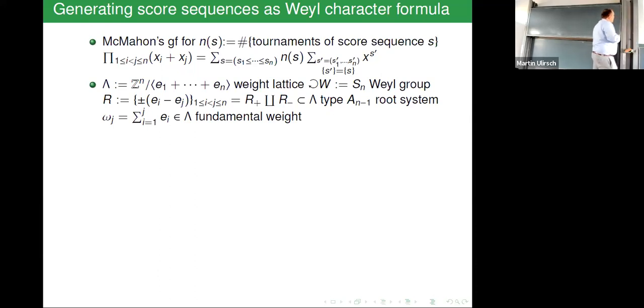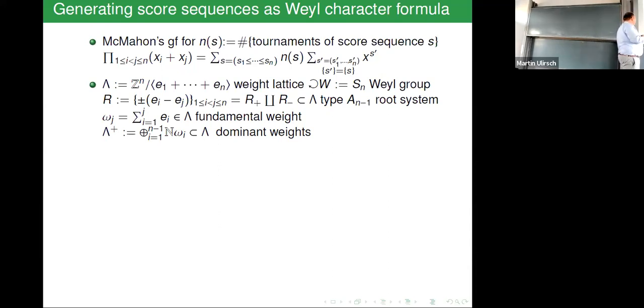Then we can define the fundamental alcove. Now we use the fundamental weights to define dominant weights. So we take non-negative integer combinations of fundamental weights, which gives you some cone, and this will give us the dominant weights.